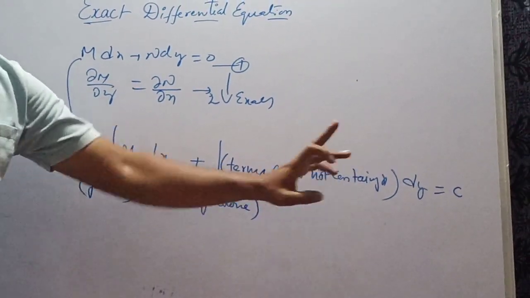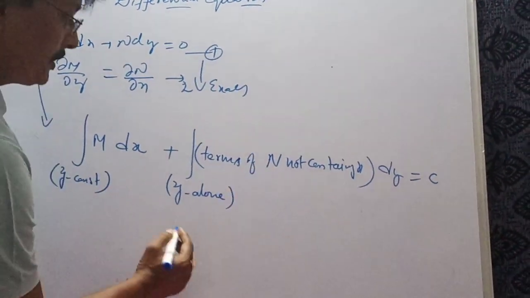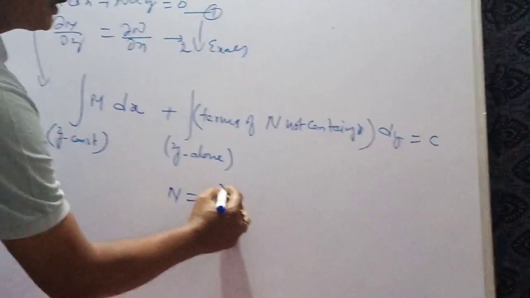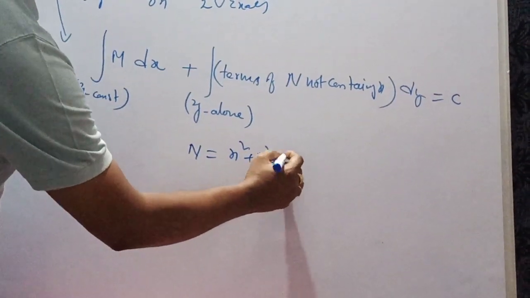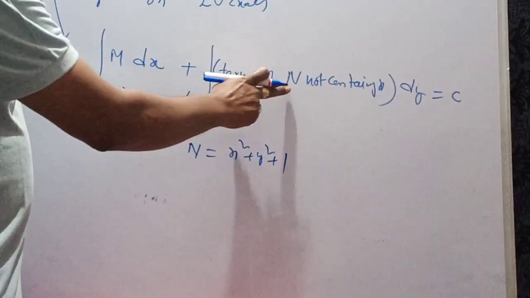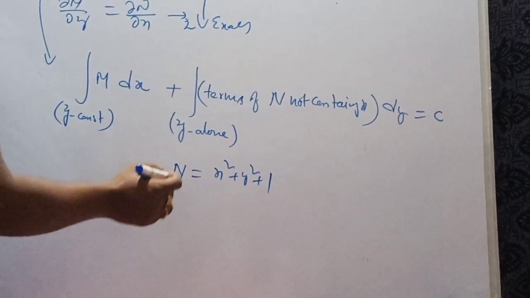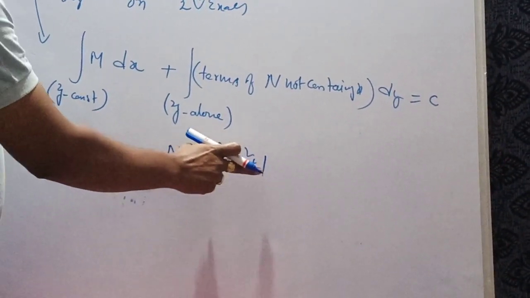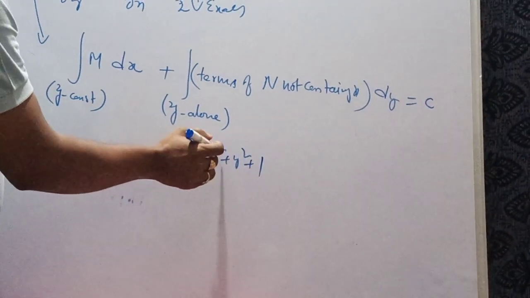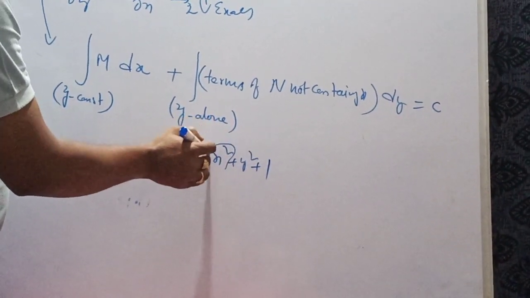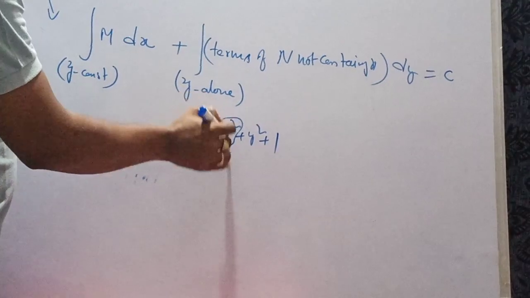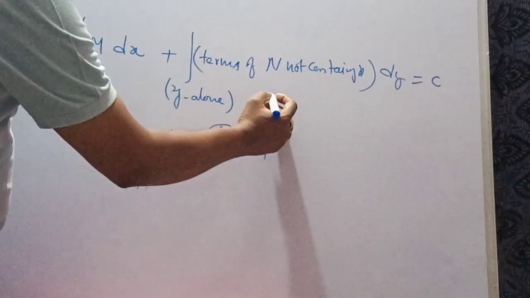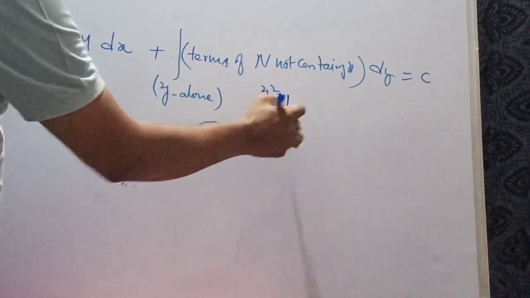Here you observe, suppose capital N equals x square y square plus 1. The terms of N not containing x means you eliminate the x square term, so you take y square plus 1 here.